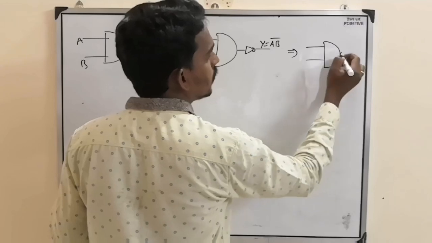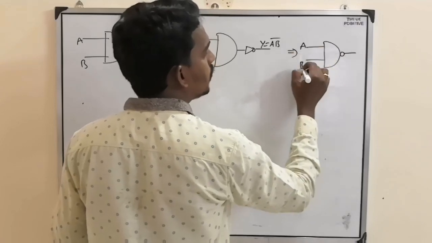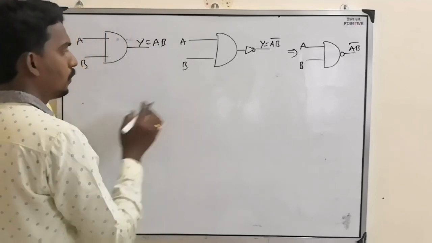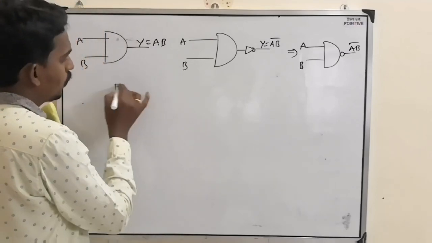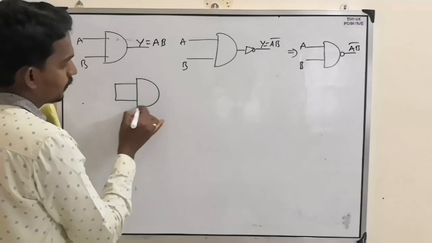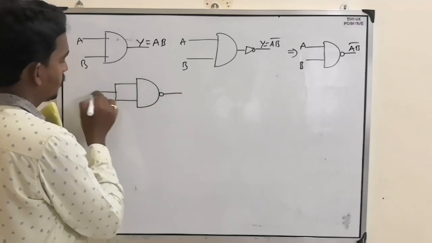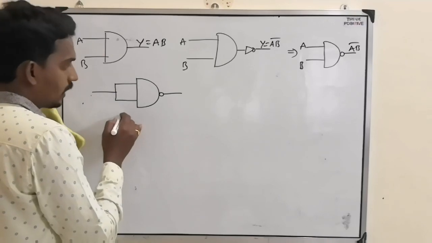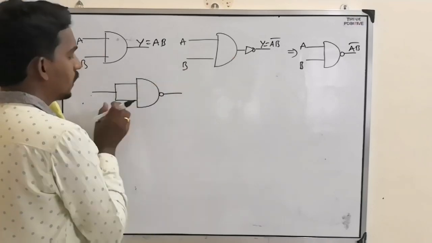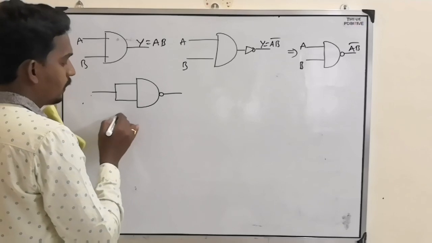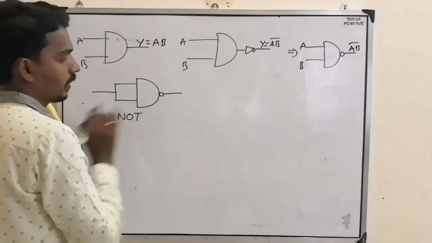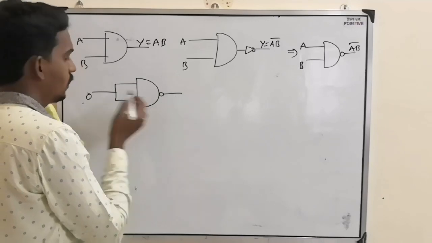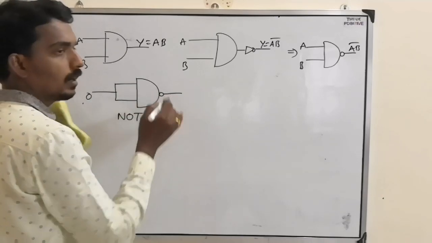This is AB bar. So if you join both inputs, then this behaves like a NOT gate. Because if you give 0, then here it will come 1. If you give 1, it will come 0.